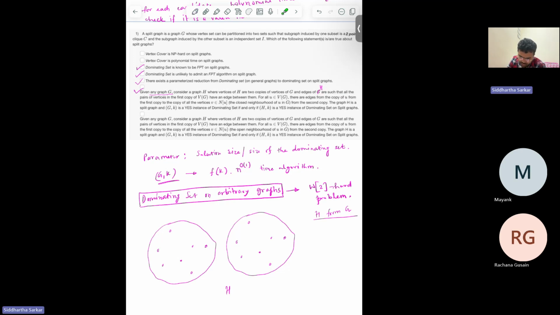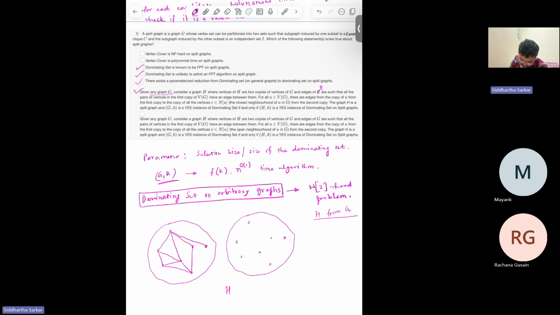So the edges of H are such that all the pairs of vertices in the first copy of G have an edge between them. So you construct a clique on the left side, that is, you construct a clique among the vertices in the first copy.